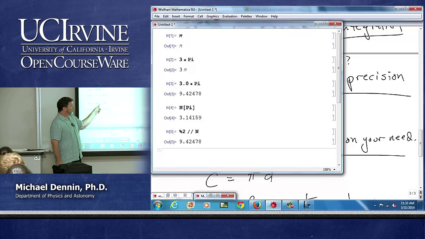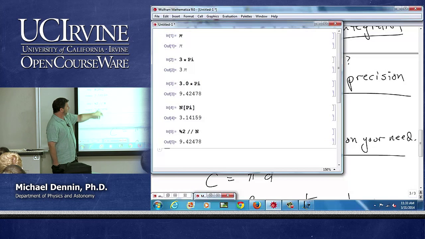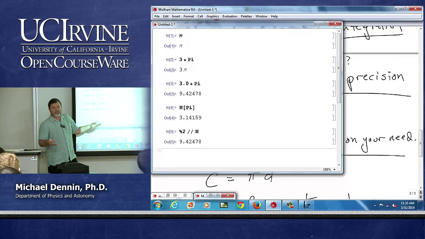These are some of the things that you'll see in that intro tutorial, and some will go into more detail tomorrow. But you want to get used to some of these cool things about Mathematica. It deals in exact numbers versus approximate numbers. It allows you to do numerical values. Percent allows you to go back and use old inputs. And the // is for if you forgot to do something.